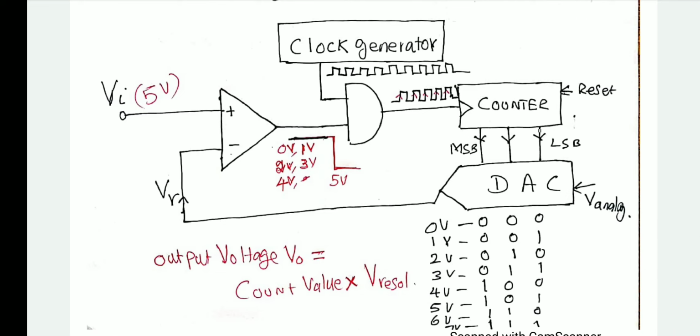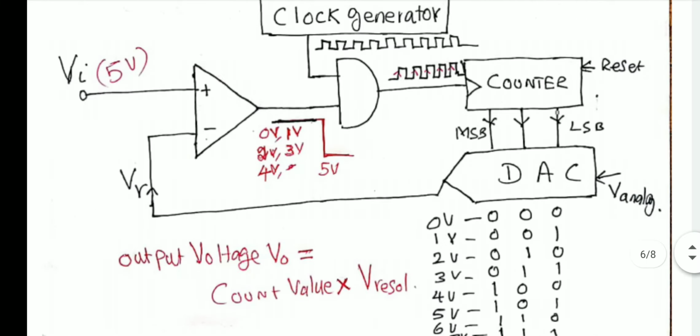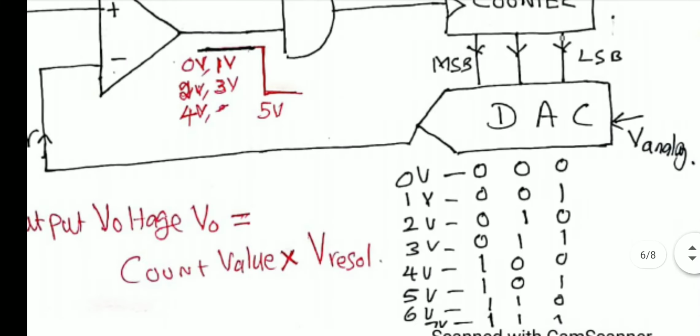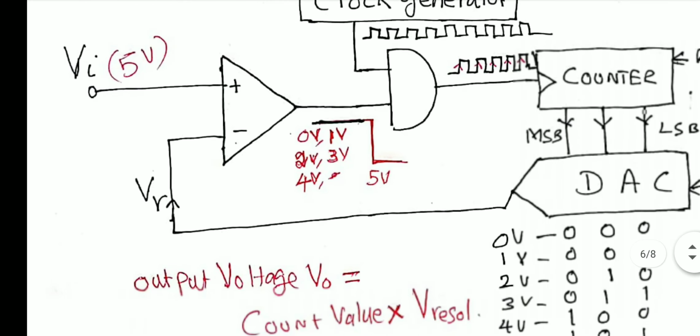Initially the counter is reset, so the counter output is 0 0 0, a 3-bit value, and it is given to the DAC. So the output of the DAC is 0 volt. Now the comparator compares this 0 volt with the unknown voltage. Assume that the unknown voltage is 5 volt.